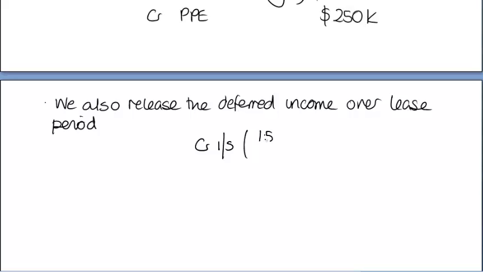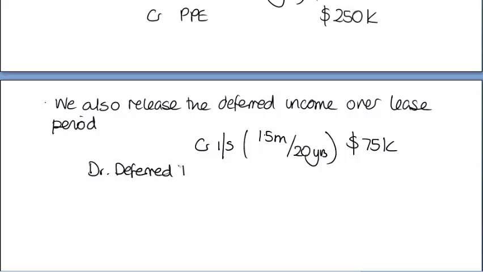How much was the deferred income? 1.5 million spread over 20 years. So that's going to be 75,000. And we debit deferred income 75,000 as well. So you see what I'm trying to do is to break the question down into smaller and smaller parts and deal with each of those in turn.